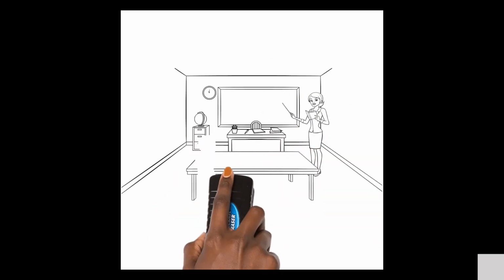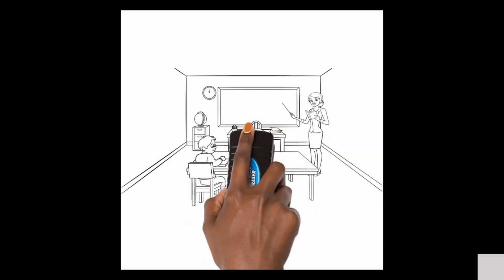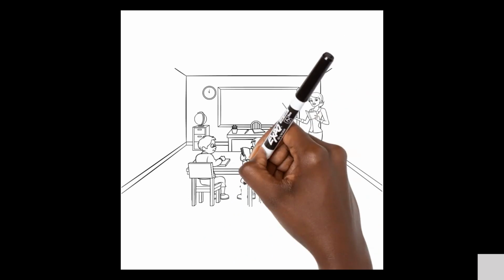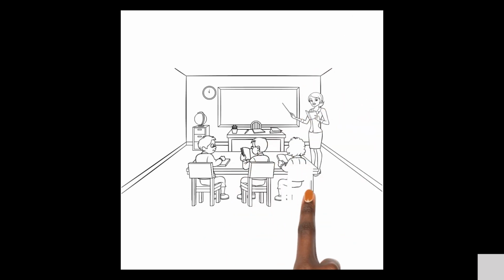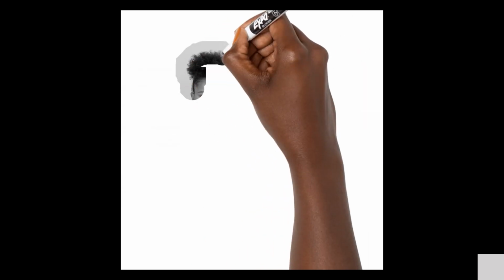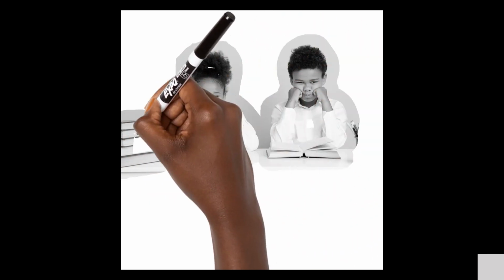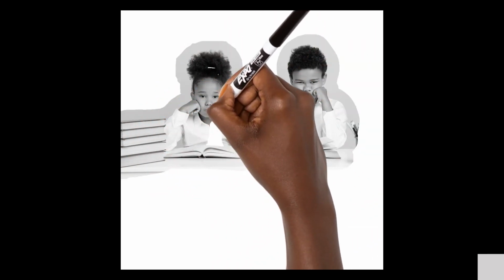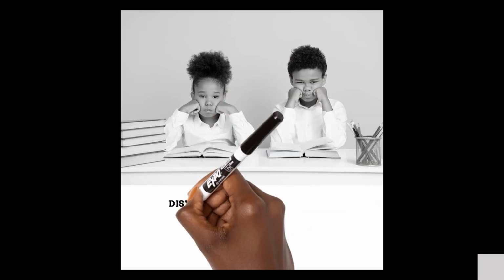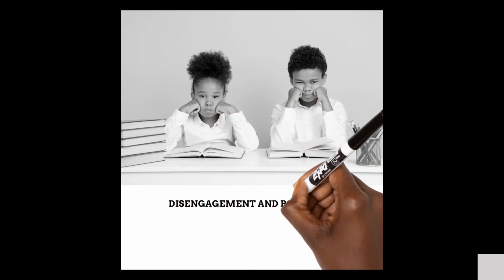It was a scene that symbolized the traditional one size fits all approach to education, where authority was paramount. But as we look closer, we notice two children sitting, their faces reflecting disengagement. It was a stark reminder that this rigid method wasn't for everyone.